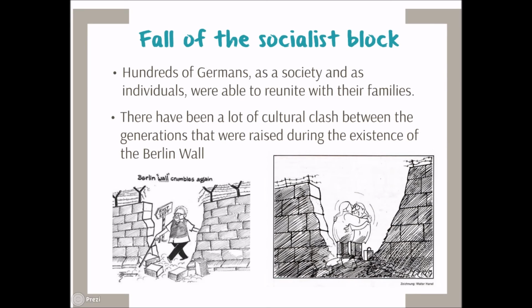And also at first people were very happy and ecstatic about being reunited with their loved ones, mostly because there had been like 30 years without seeing them. But about 2 or 3 years later, they realized the huge cultural clash that it meant to have been separated and been governed by different regimes for almost 3 decades. So this meant that they were politically, socially, and educationally very different. So this brought conflicts.